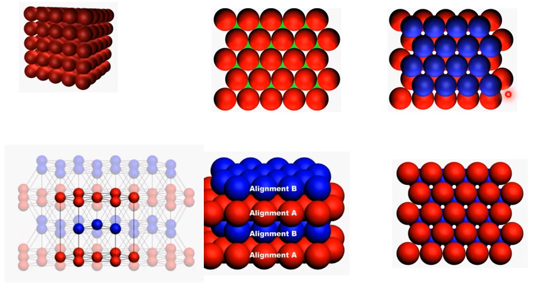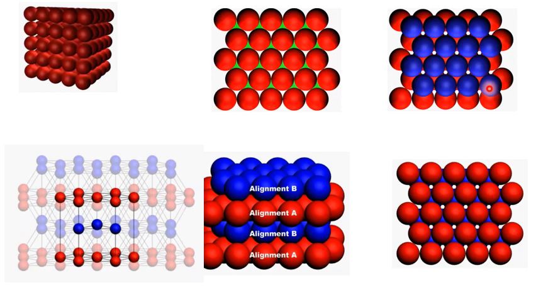This gives an alignment of the second layer that is different from the alignment of the first layer. The position of the atoms in the first layer is different from the position of the atoms in the second layer.